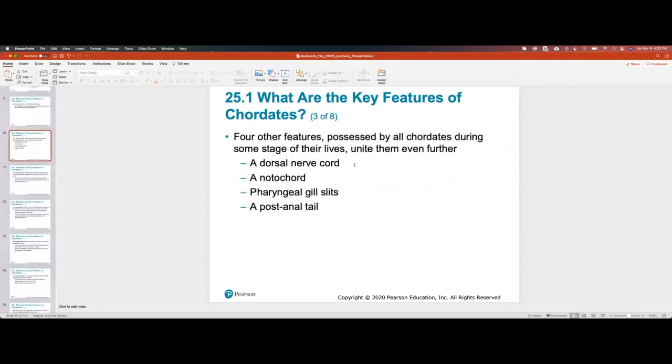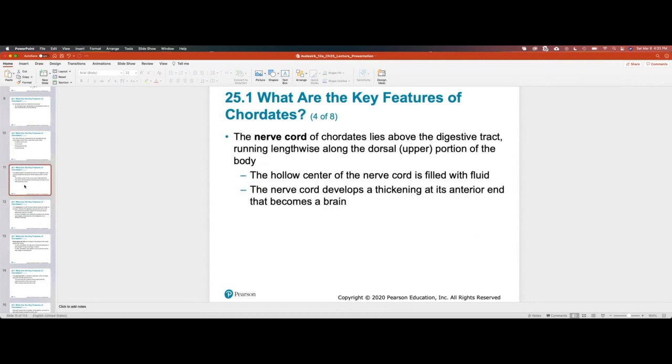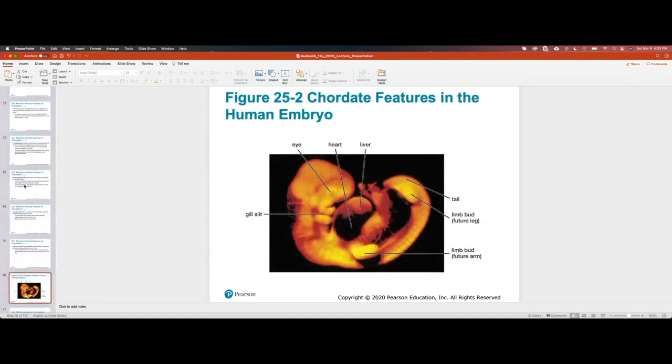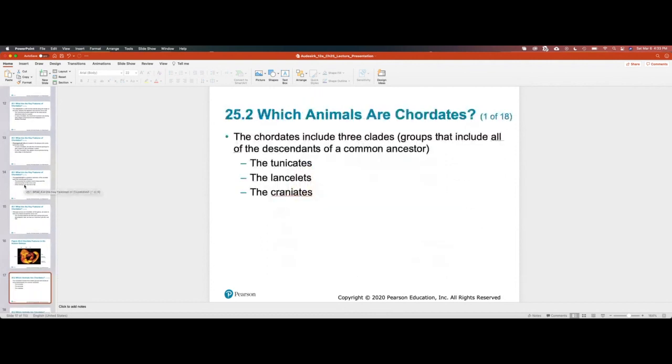So going back to these features: dorsal nerve cord, notochord, pharyngeal gill slits, and post-anal tail. It's so interesting because most of what we typically think of as an animal doesn't really exhibit full versions of those as an adult.